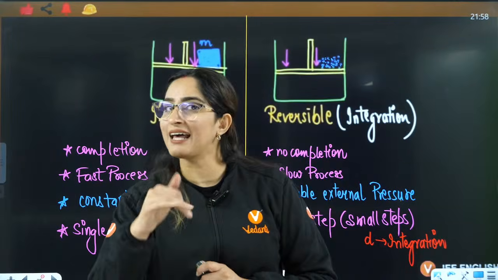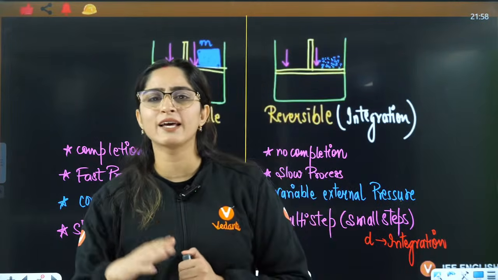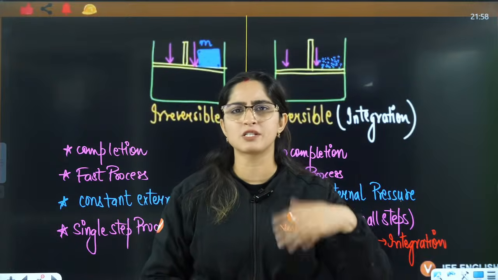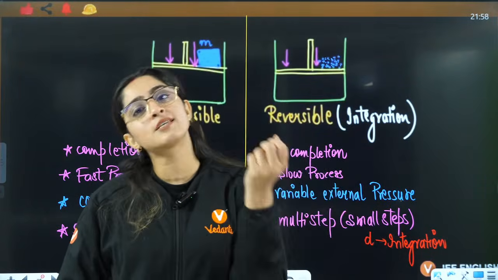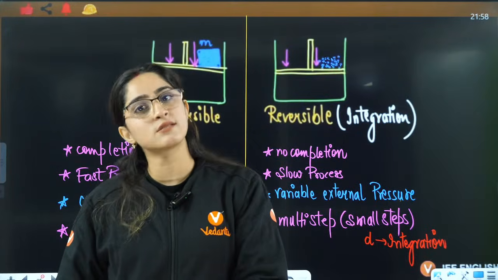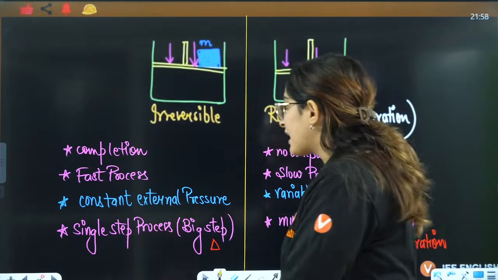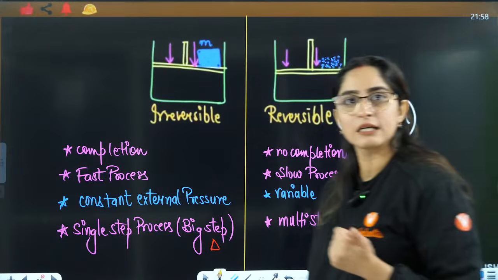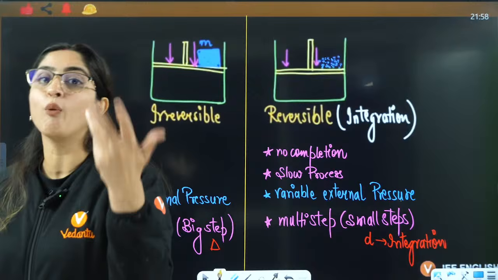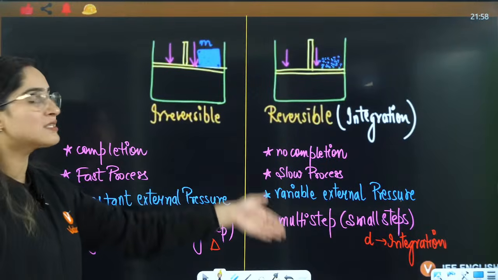Now, if they directly tell you that this is an isothermal reversible process, then it's okay. You know the formula, you can apply. But sometimes they don't directly tell you that this is reversible. So in that case, you should take a hint from these points that I have written here. Right? To understand which formula to apply, you must know these things, right?